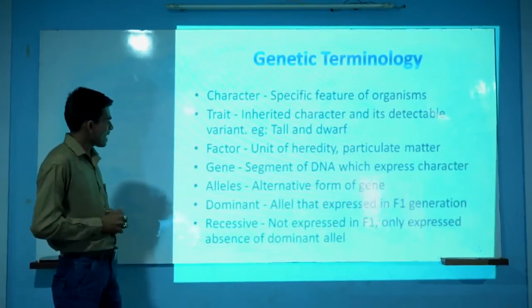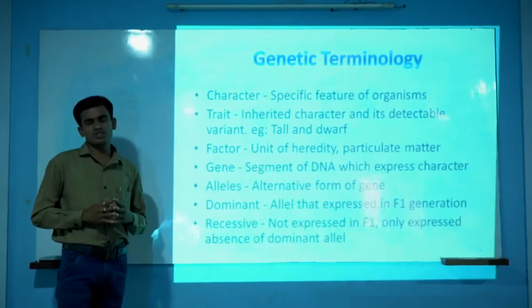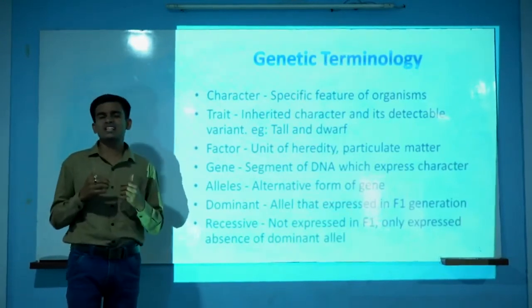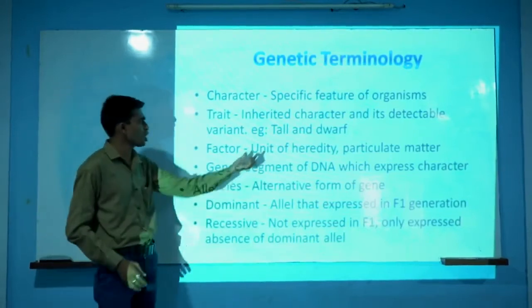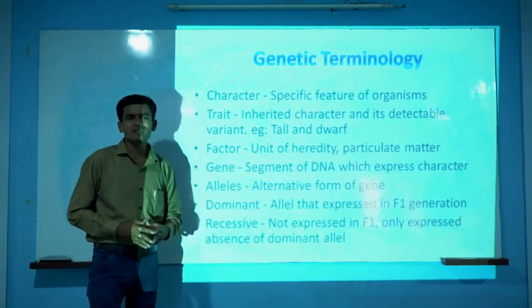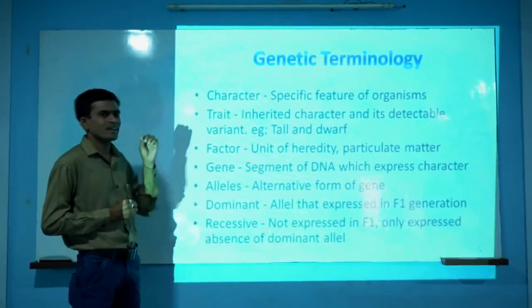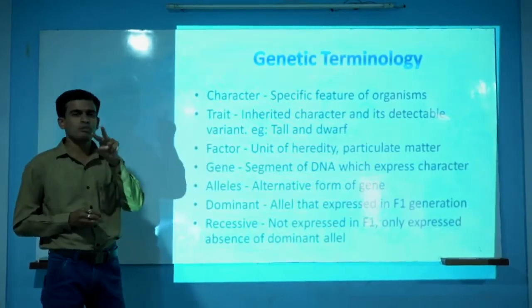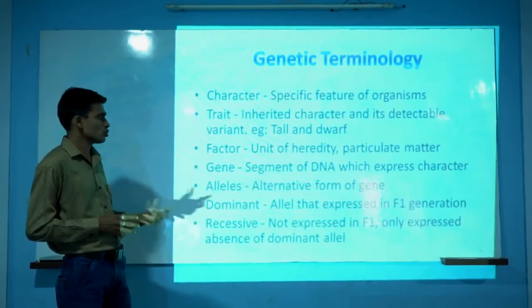Next one, allele: alternative forms of the genes. Two genes are required for the expression of a characteristic. For example, the tall plant has the genotype, the genetic constitution, capital T, capital T. So both genes are required for the expression of the characteristic.